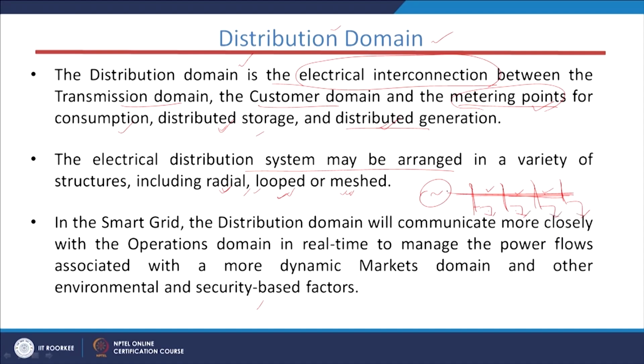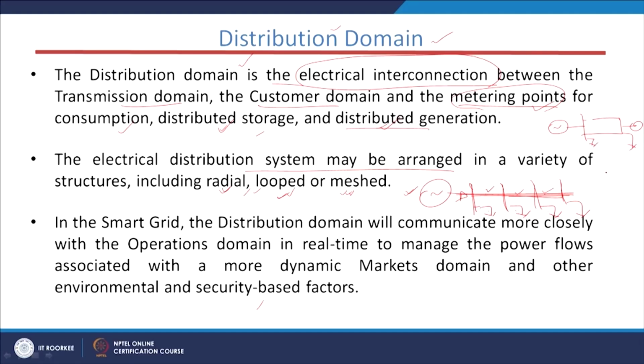So, this is my source which supplies power to these loads. This is known as the radial distribution system. If we have a looped circuit, we have a looped structure where we have loads and the sources.